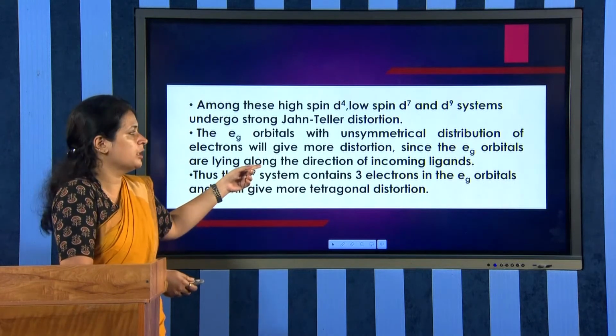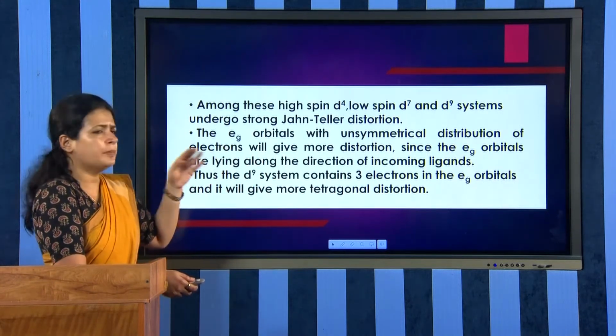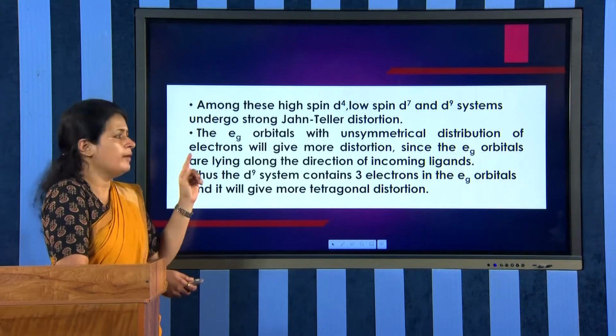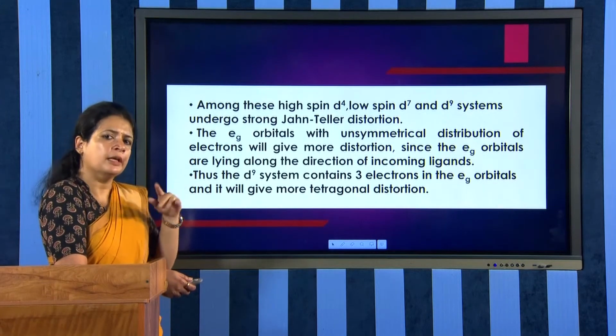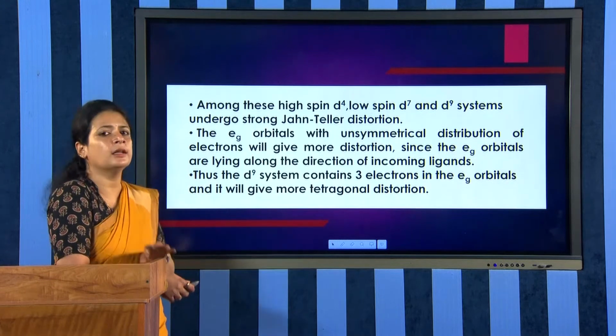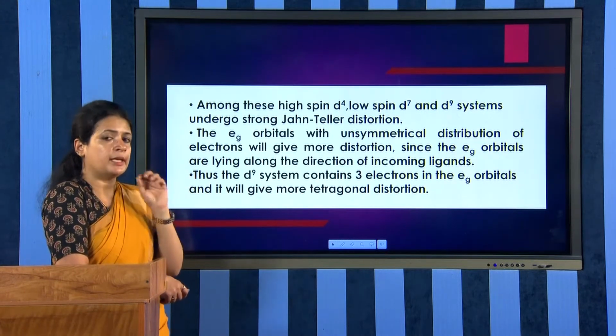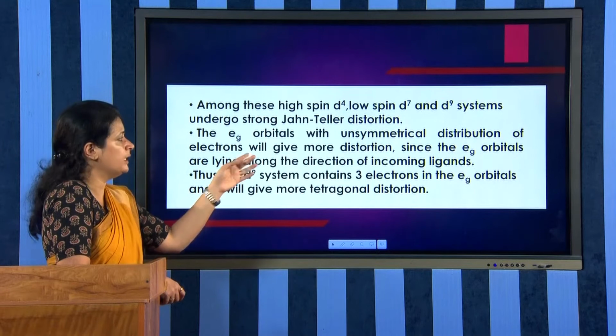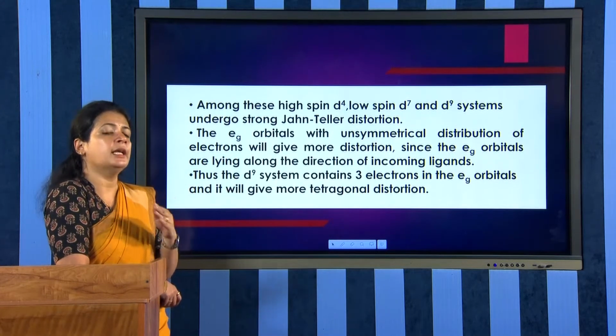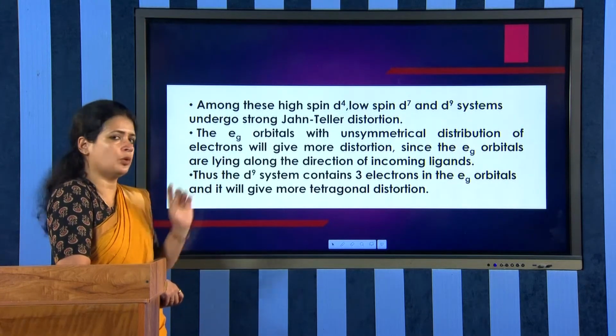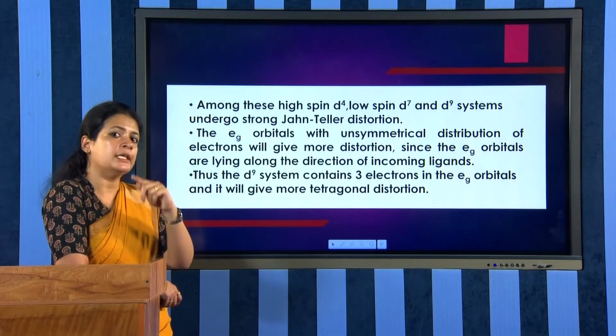Similar is the situation here also. Since they are lying along the axis, when there is an unsymmetrical arrangement, they will have a greater repulsion. That is why a strong Jahn-Teller distortion is seen in the case of unsymmetrical electronic arrangement in the eg orbital, that is eg1 or eg3.